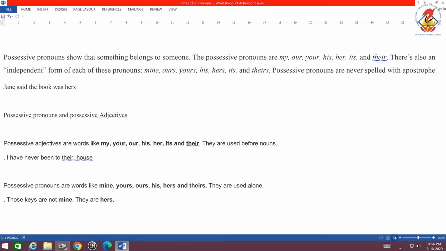That means there are no nouns or any other things. But a possessive adjective has a noun after it. See, those keys are not mine. You cannot see anything following it. They are hers. So, these are possessive pronouns. Possessive pronouns usually come at the end and there are no nouns or adjectives. But in possessive adjectives, you can see a noun always nearby.